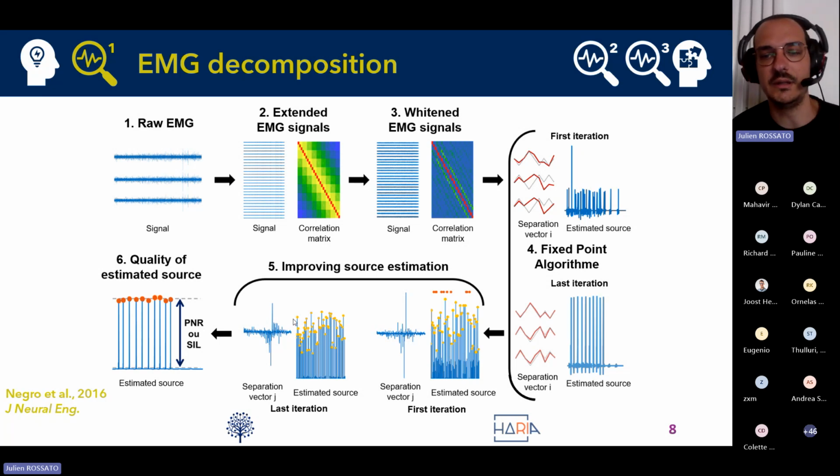Two values can be used, one of which is the silhouette value, the SIL. This silhouette value is a normalized value between 0 and 1, and it is based on the distance between the centroid of the local maxima considered as potential spikes and the local maxima considered as noise.